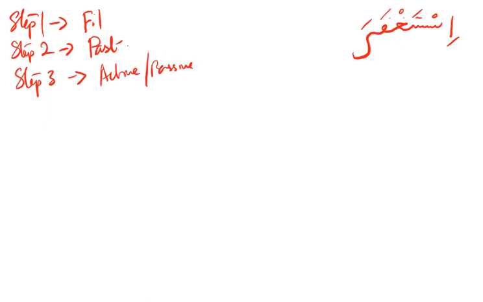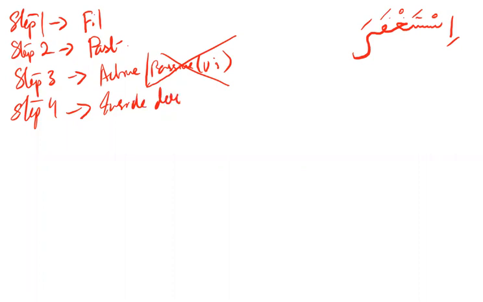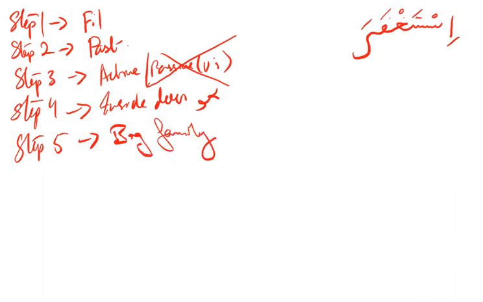Active. Past is OE, and this is active. Step 4, inside doer: Huwa. Step 5, big family or small family? Big family. Which family from the big family? Family 10, Istaghfar. Yes, family 10 is Istaghfar.